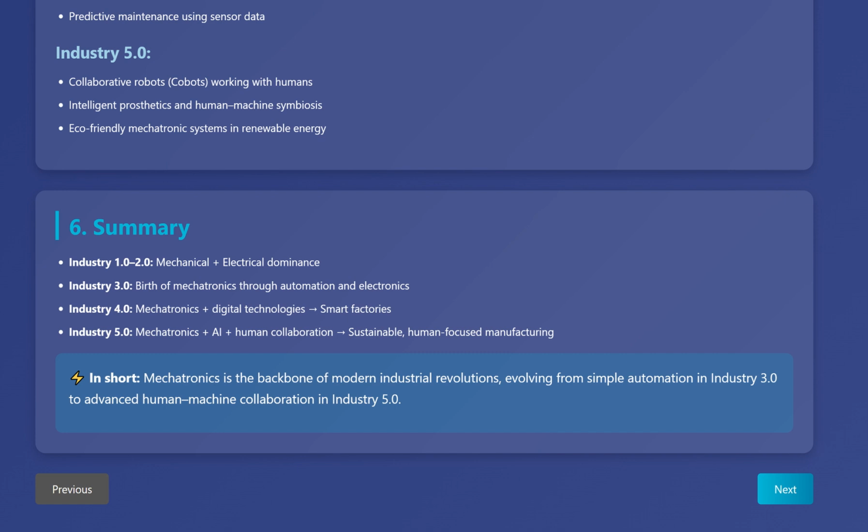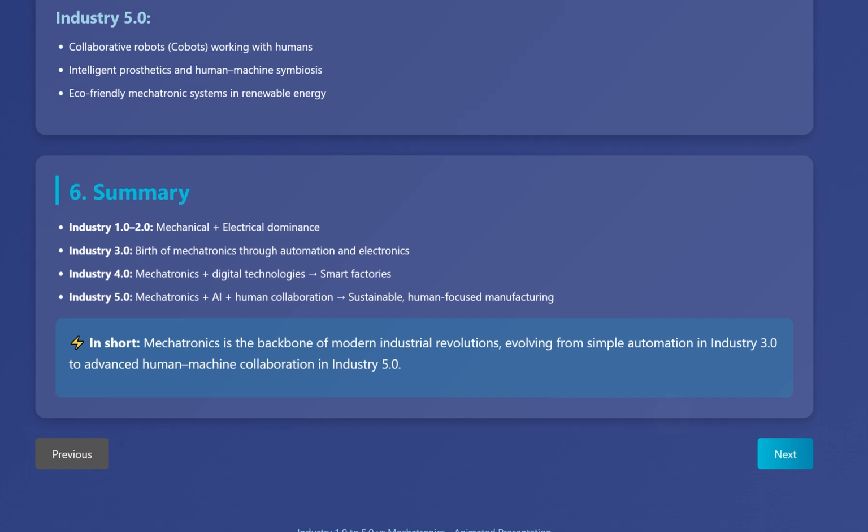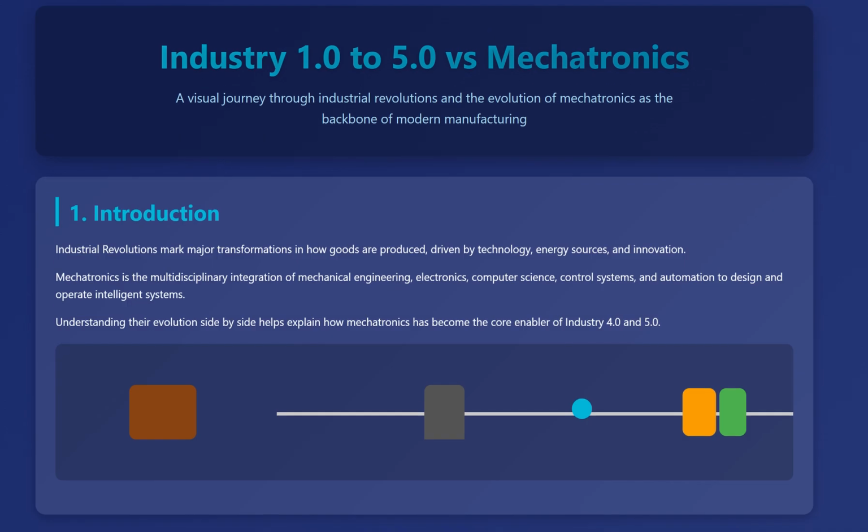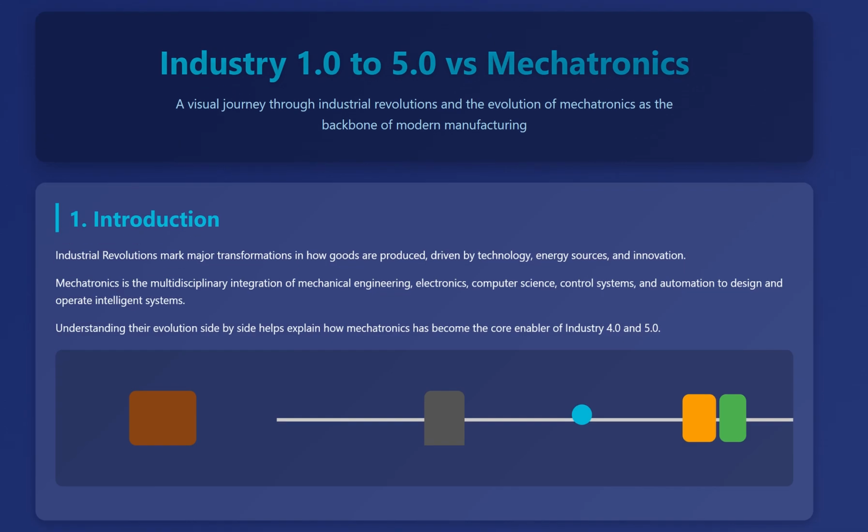It has evolved from simple automation in Industry 3.0 to advanced human-machine collaboration in Industry 5.0. So this is the outline of what we have covered today: the history of Industry 1.0 to 5.0 and its application vis-a-vis mechatronics.